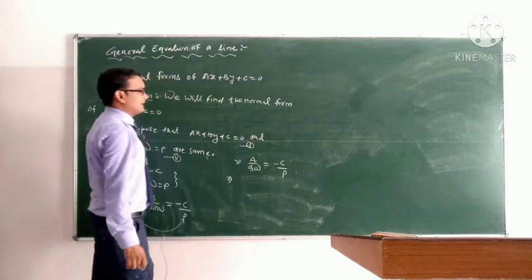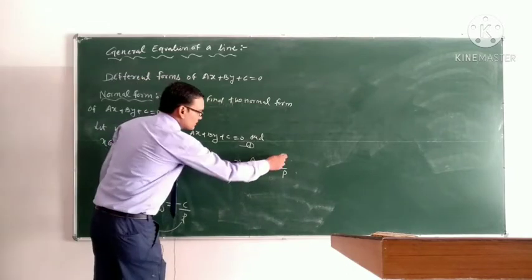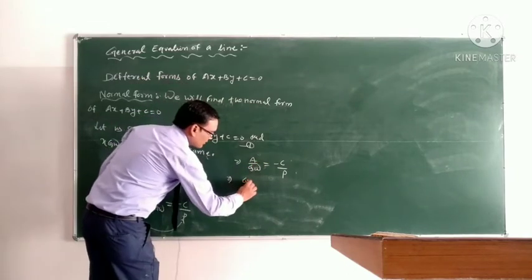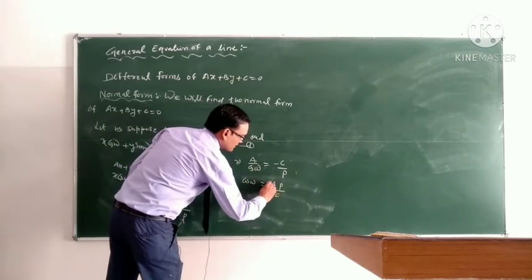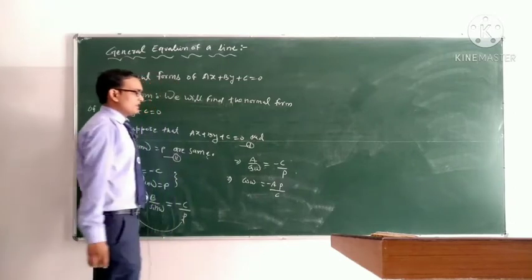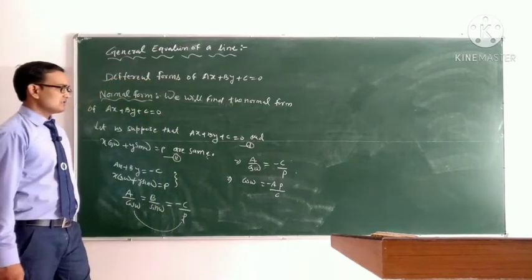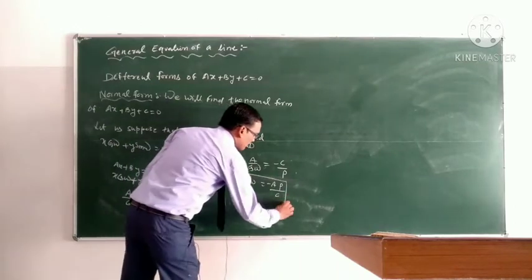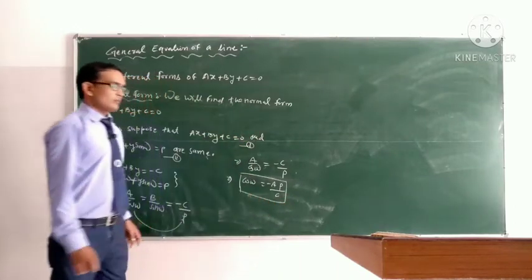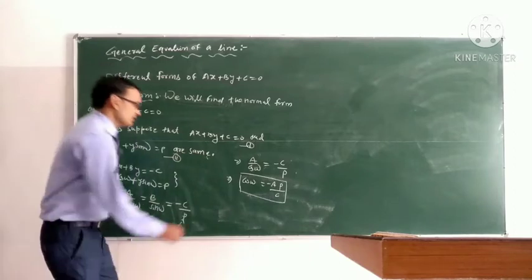This implies that cos omega is equal to minus ap upon c. Okay students, here the value of cos omega is minus ap upon c.